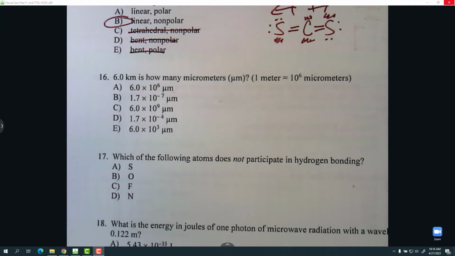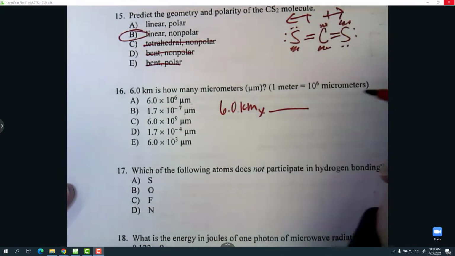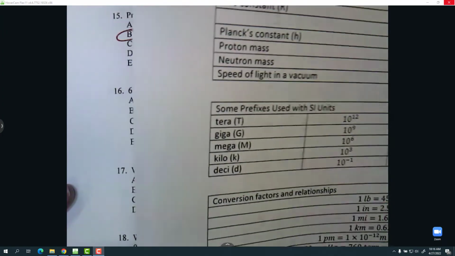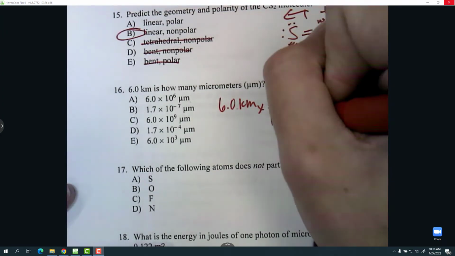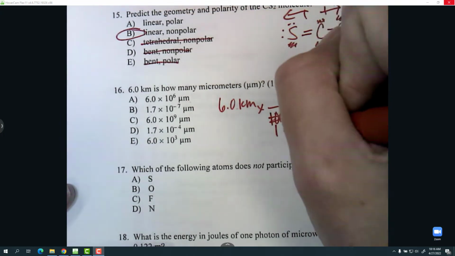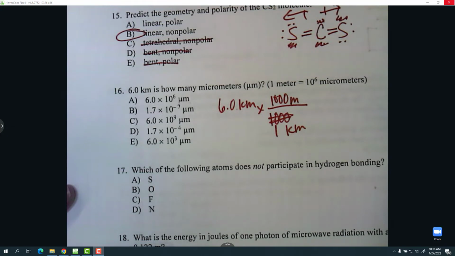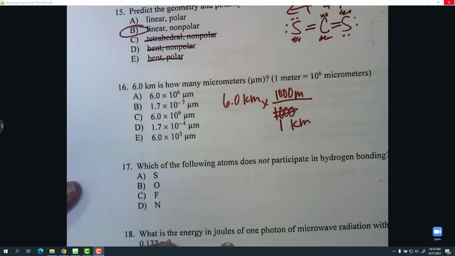Okay. Kilometers into micrometers. All right, so 6.0 kilometers. I do need to know the conversion, or I can use the equation sheet. 1 kilometer is 1,000 meters. I know meters are smaller than kilometers, so even though I started to write it wrong, my brain cued me in.